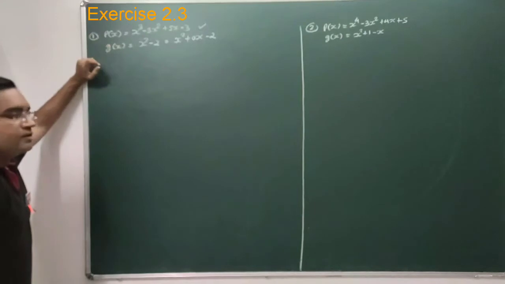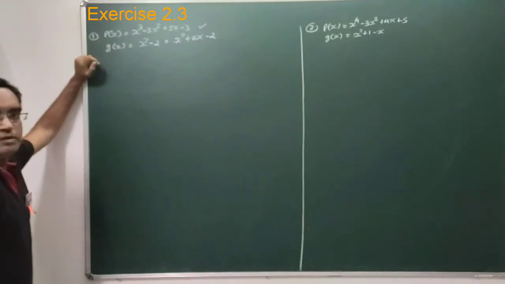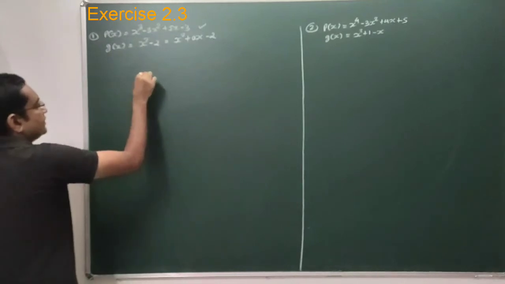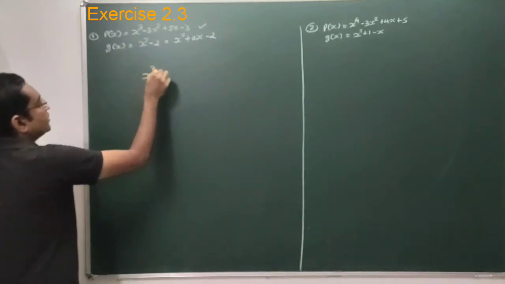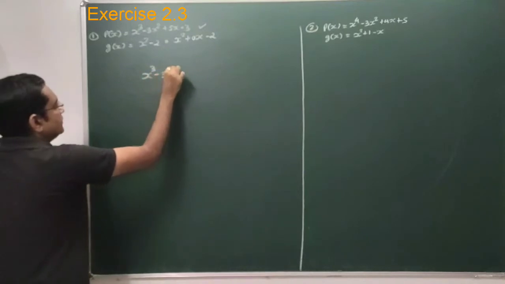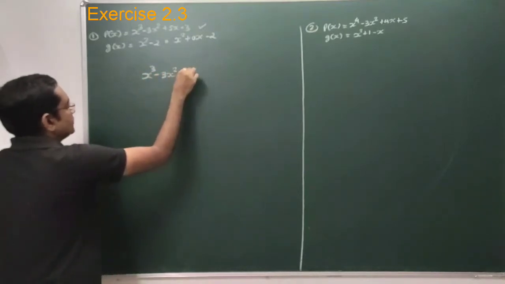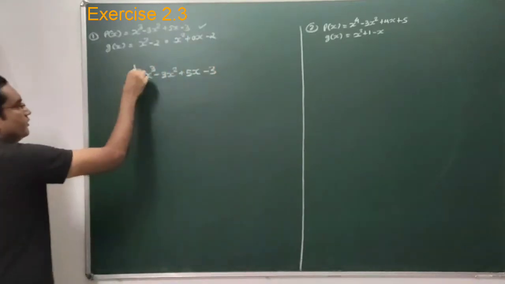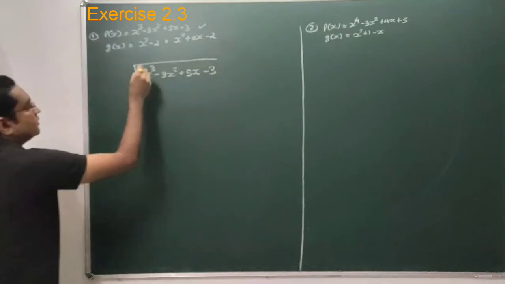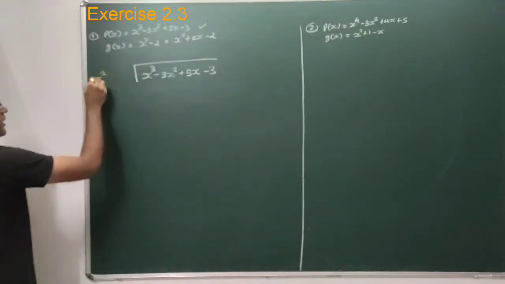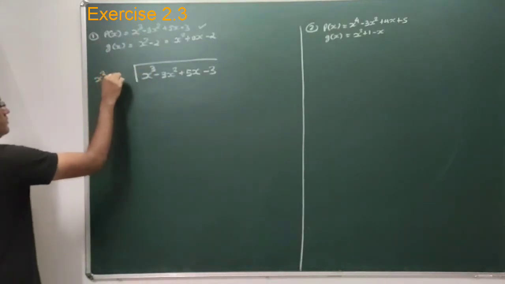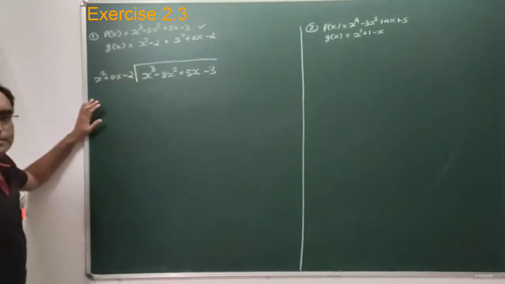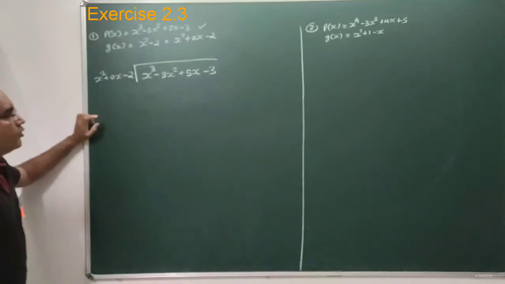So now we can start our long division of these polynomials. For that, we are writing the dividend polynomial x cube minus 3x square plus 5x minus 3. Now you have to divide this polynomial by this polynomial, which is x square plus 0x minus 2. So what you have to do for the long division?